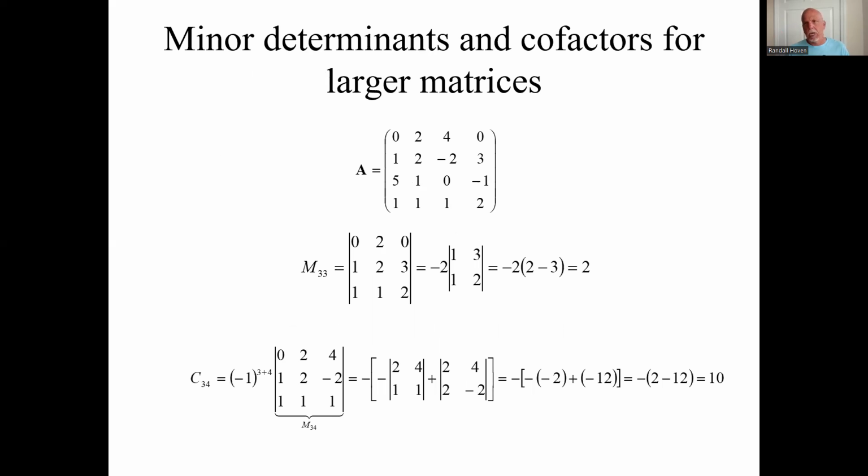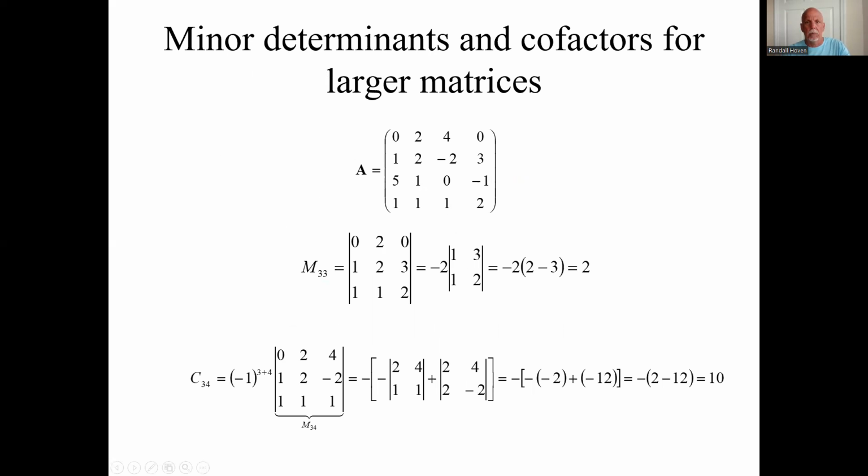We could talk about minor determinants and cofactors of larger matrices. It's always based on the determinant of the matrix after you take out a row and column. So let's say we started with this matrix, and what's the 3,3 minor determinant?